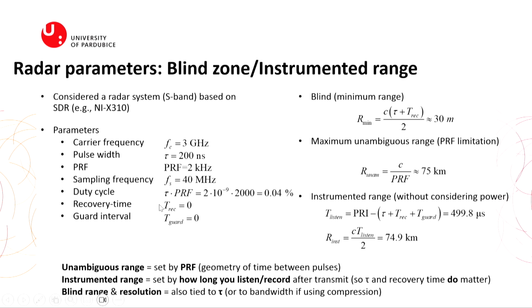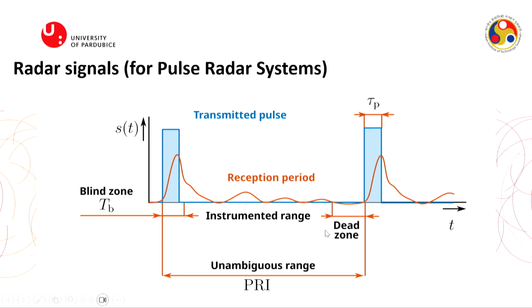Recovery time we set to 0, and guard interval is 0. I can say easily that these are some time for recovery and a guard interval, protection of my receiver, but we can include everything in the dead zone for simplification. You can see this blind zone is not exactly at the end, so it is some guarding interval, but let's put everything into the dead zone.